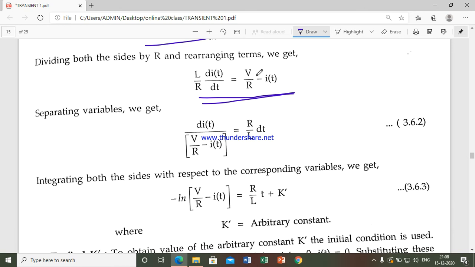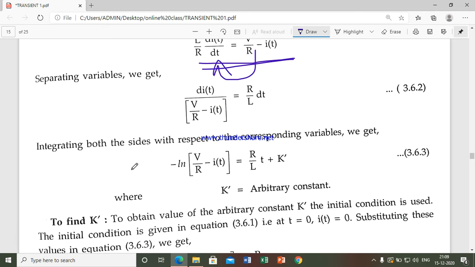Next, rearranging, take this term to the LHS, and you will get di divided by V by R minus I equal to R by L into dt. Integrating both the sides with respect to the corresponding variable, you will get the values like this.